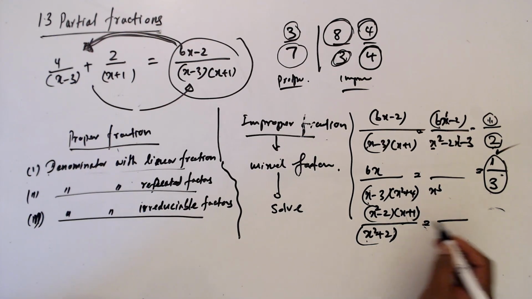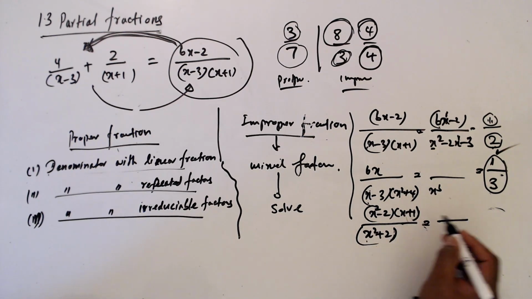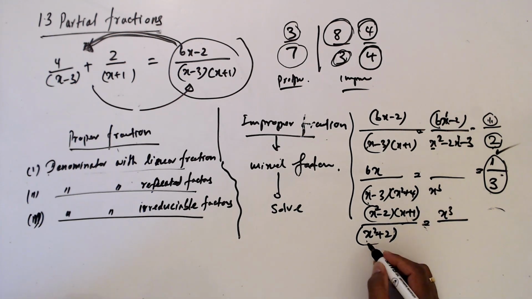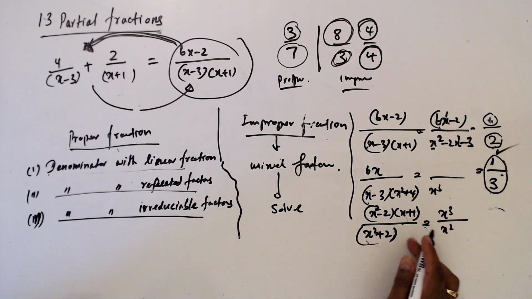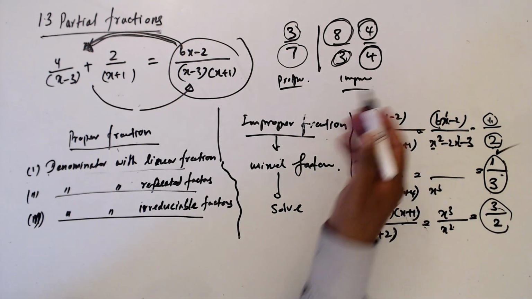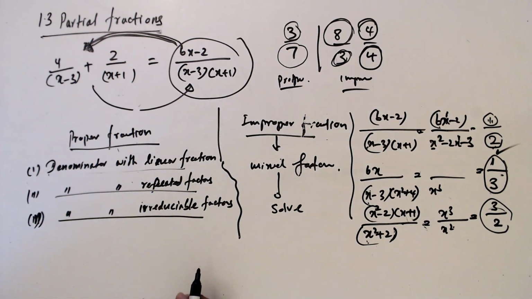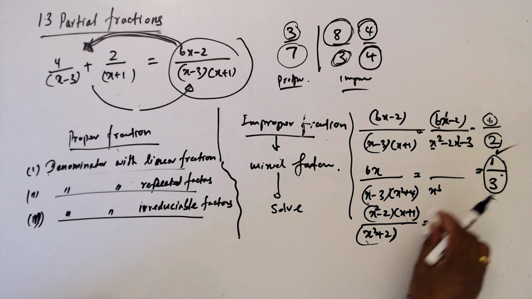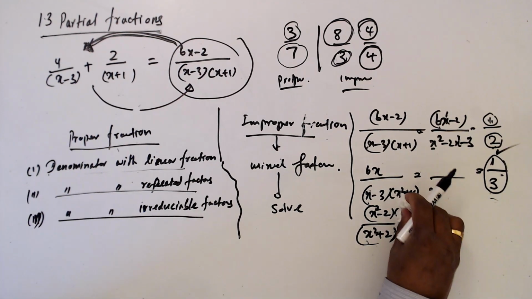Now the highest power is 3 in the numerator and 2 in the denominator. You know that 3 over 2 with numbers is an improper fraction. So that is an improper fraction.